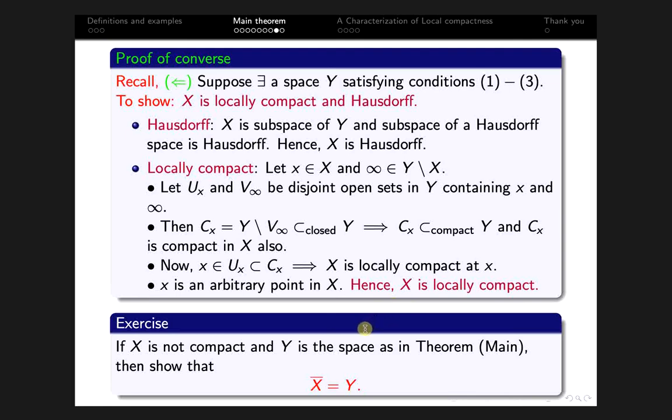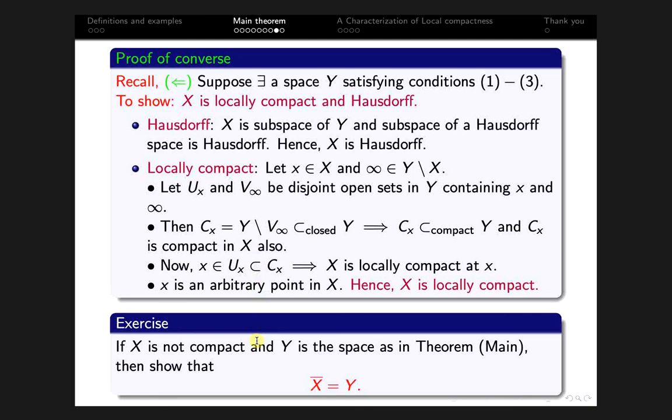Now we have an exercise here. Suppose X is a topological space, locally compact and Hausdorff, but it is not compact, and Y is the topological space constructed in the proof of this theorem.